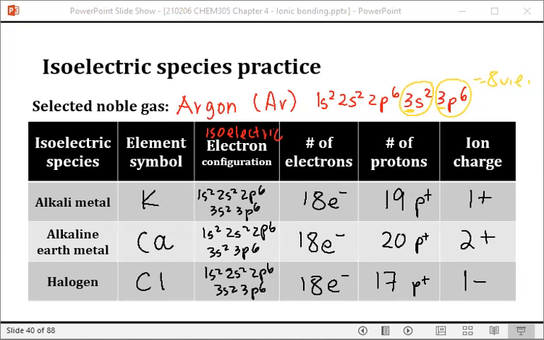Other atoms also want to get to a stable arrangement by bonding, by gaining electrons through an ionic bond, losing electrons due to an ionic bond, or sharing electrons due to a covalent bond, to fill up those outermost shells, or in the case of metals, to give up electrons so the previous outermost shell is filled up to get to a more stable state. And that's what facilitates bonding.